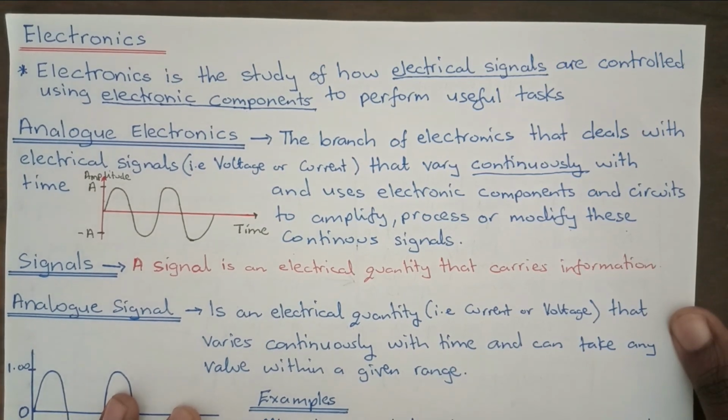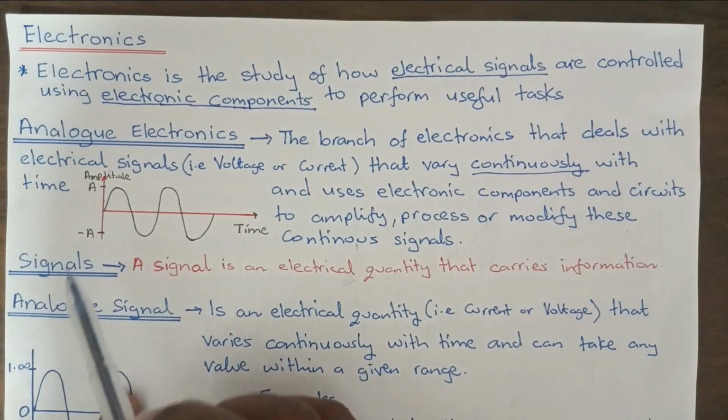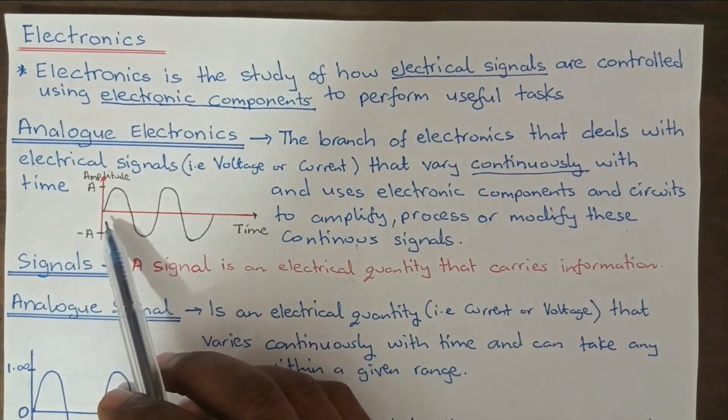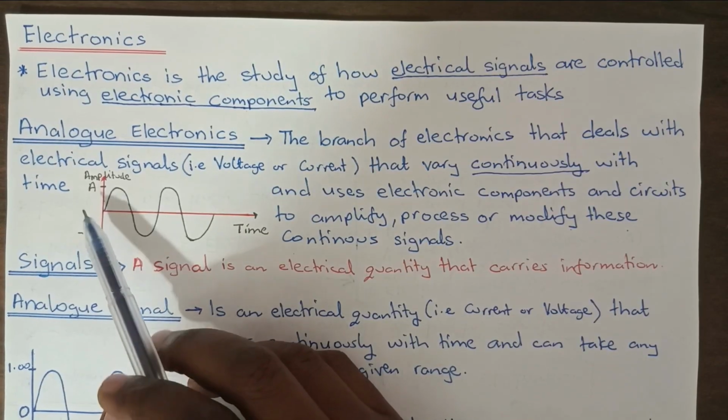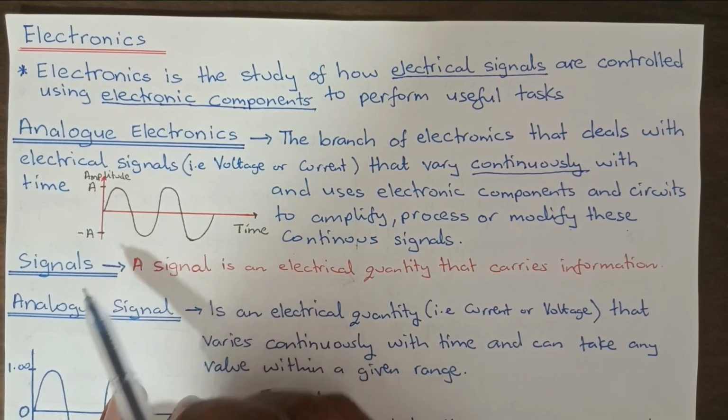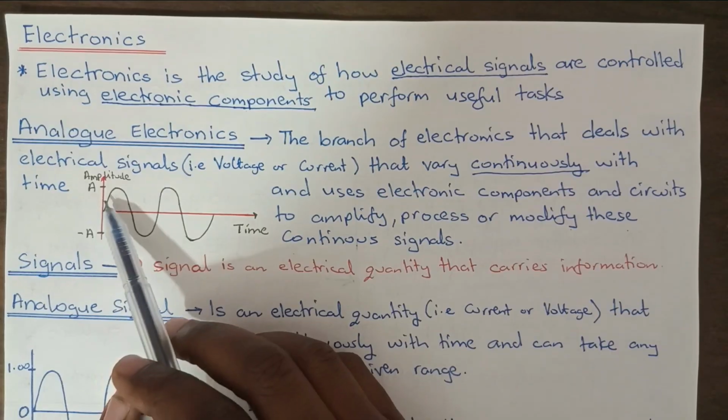We can use amplifiers, we can use diodes, we can use capacitors, we can use resistors. Okay? So let us look into this diagram, which shows a continuous signal, which varies between negative A and A, which is amplitude. As time varies, this amplitude is also varying.